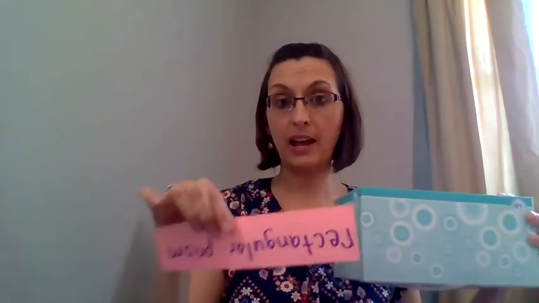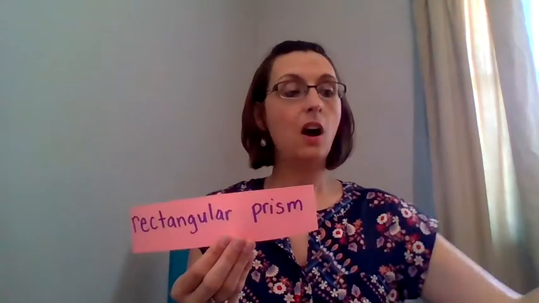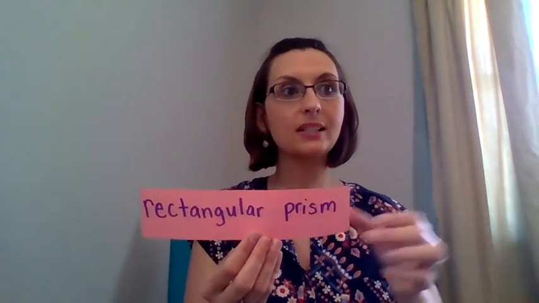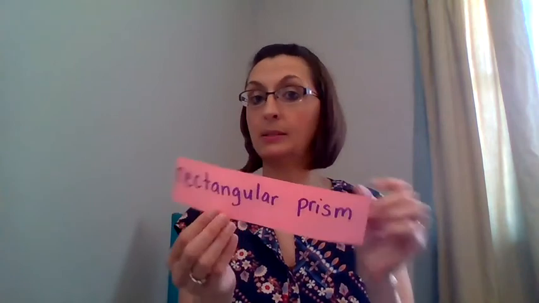And a rectangular prism is a three-dimensional shape that has 6 rectangle faces. So 1, 2, 3, 4, 5, 6. Some other rectangular prisms you might have at home are video game boxes, books, a box of food, a box of pasta, cake, brownies.